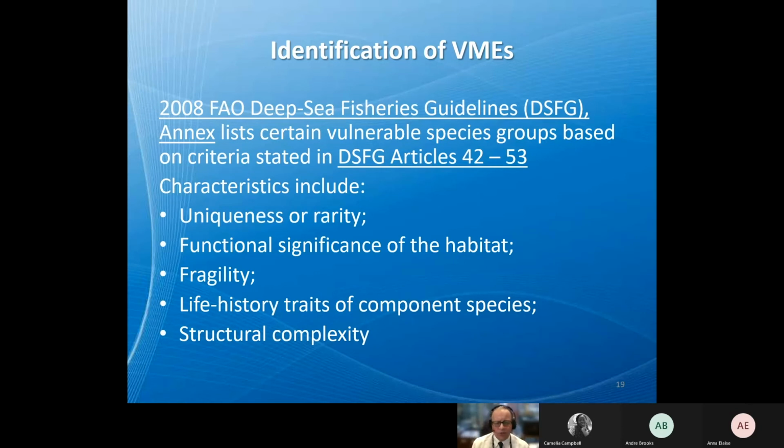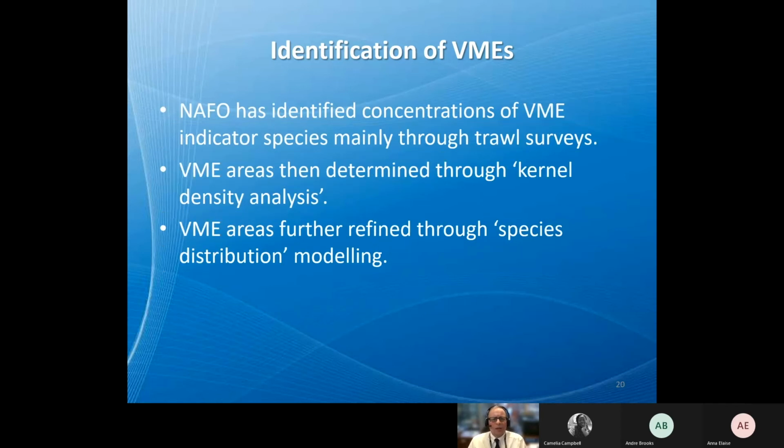The identification of VMEs, and I think you've gone through this before, we use the FAO Deep Sea Fisheries Guidelines, and you can see the various characteristics that are there. I don't think this is anything new for any of you.